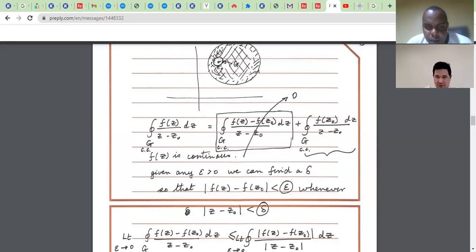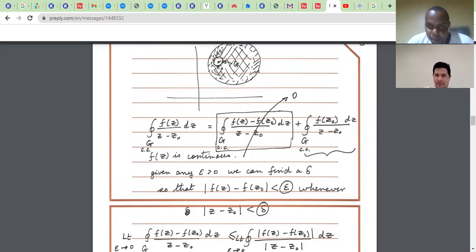Given any epsilon, we can find a delta. Epsilon naught means the center of the contour G. Given any epsilon greater than 0, can it also be negative? No, it has to be positive.